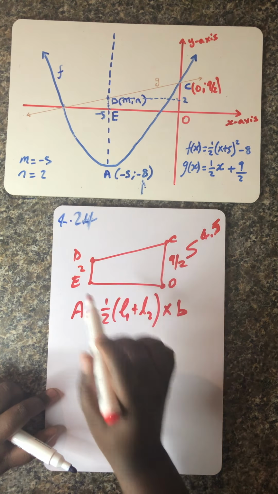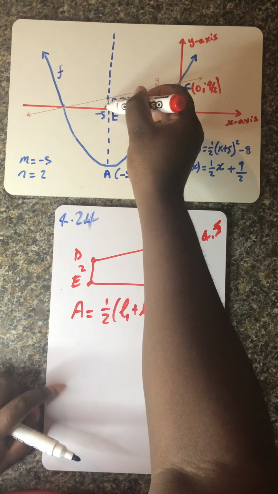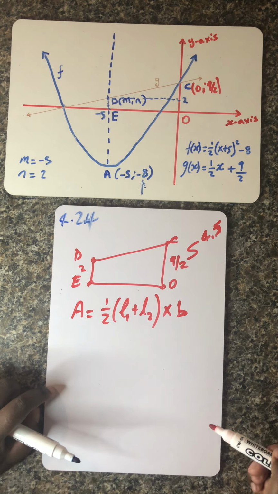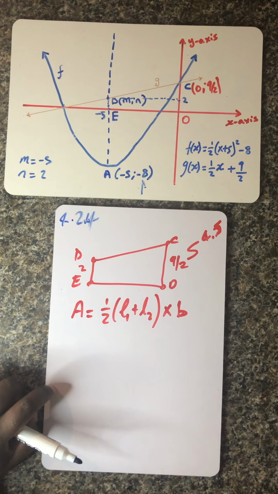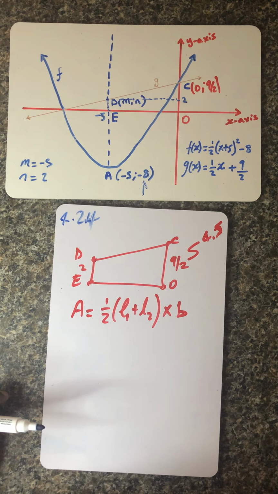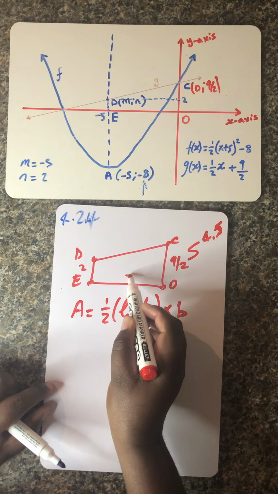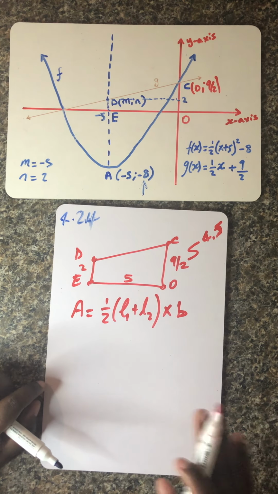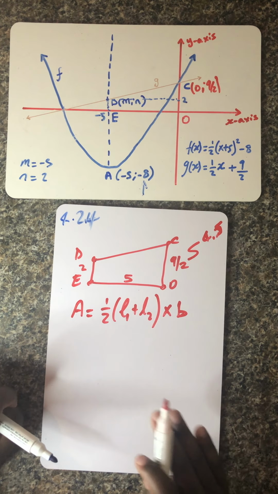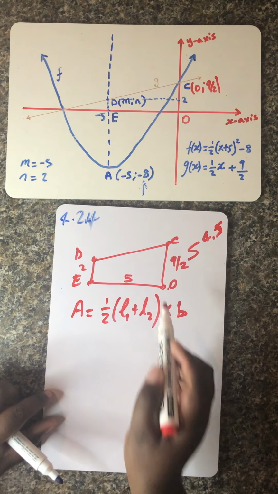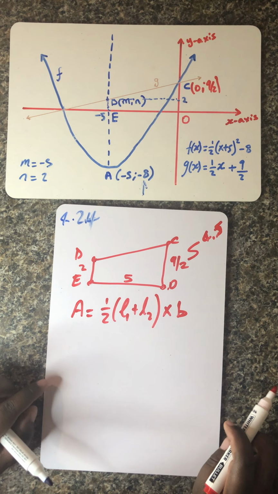Why? Because from the origin up to there, it's -5. How did we know? If you start from the start of this lesson, you will be able to realize that that point is -5, and again you'll be able to know how we concluded that that point is -5. Okay, so in terms of lengths, we don't talk about negatives, we just need the value. So that means from there to there it's equal to 5.